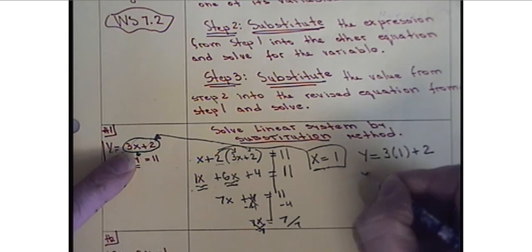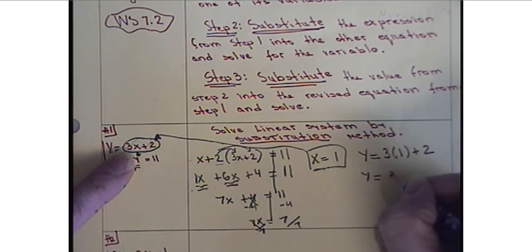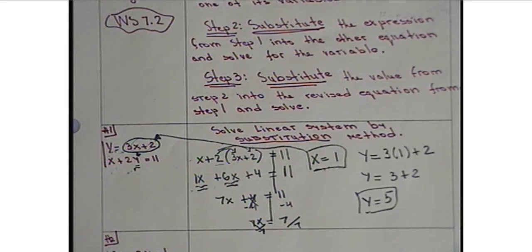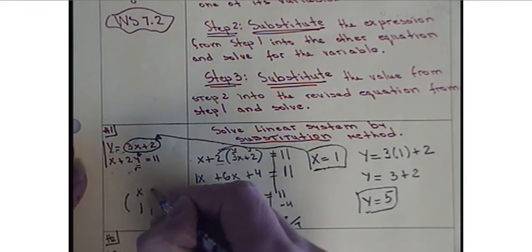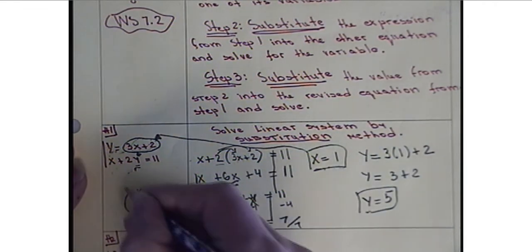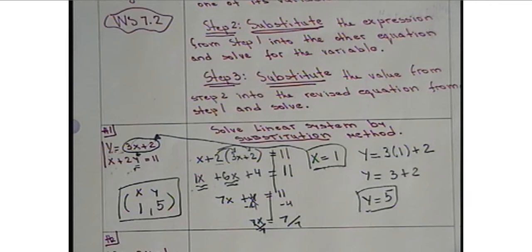So y equals 3 times 1, which is 3, plus 2, so y equals 5. Now I can write down my final solution for this system: x is 1 and y is 5. That is the final answer and solution to the system.